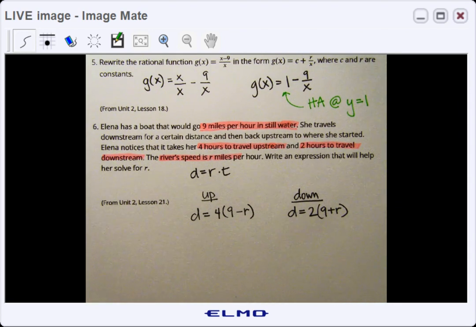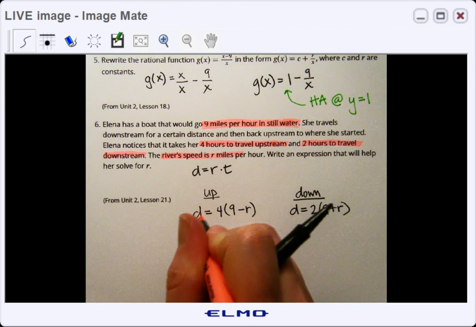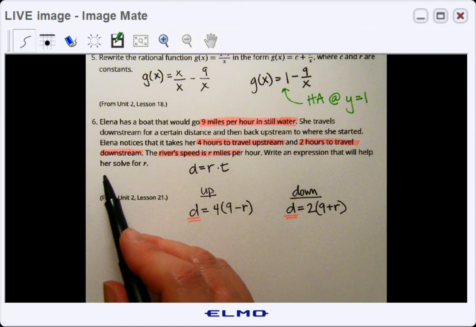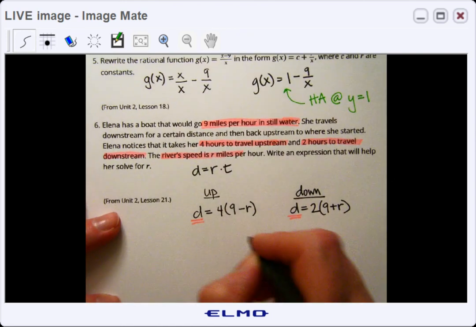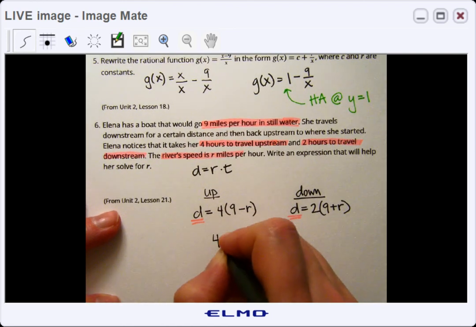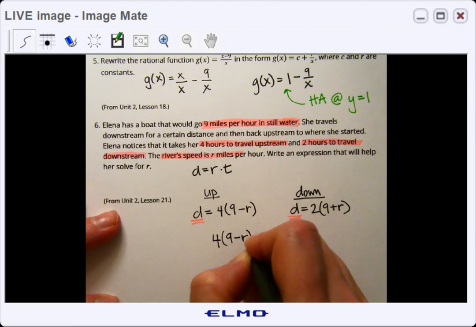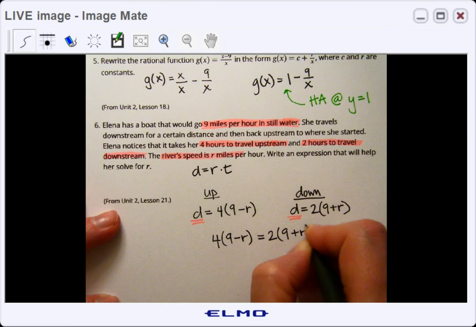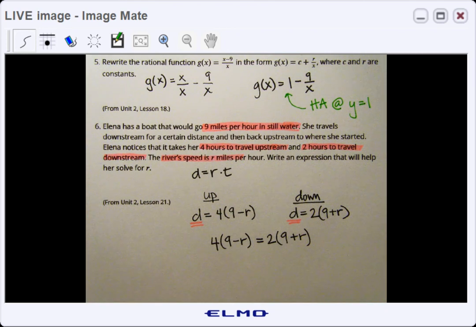Now, the distances are the same. She went downstream and then she went back upstream to where she started. So those are equal. So the expression that will help her solve for r, we can actually write an equation. 4 times 9 minus r equals 2 times 9 plus r.